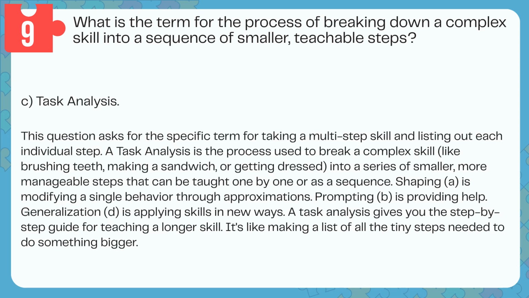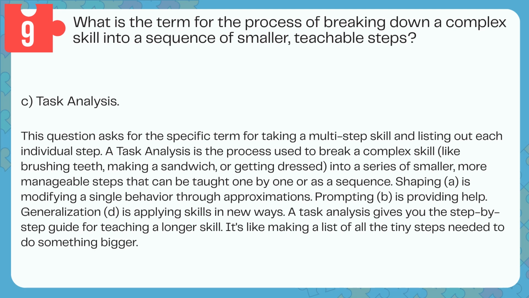Answer: C. Task analysis. This question asks for the specific term for taking a multi-step skill and listing out each individual step. A task analysis is the process used to break a complex skill, like brushing teeth, making a sandwich, or getting dressed, into a series of smaller, more manageable steps that can be taught one by one or as a sequence.